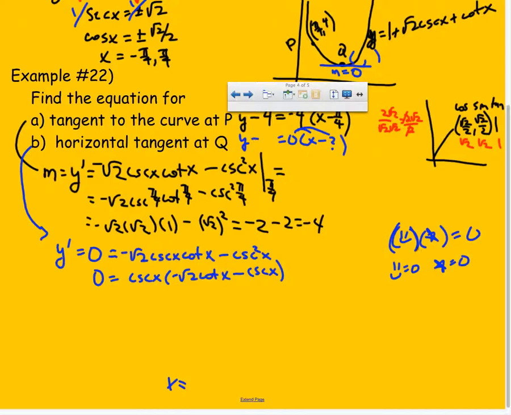Because if something times something equals 0, if either one of them is 0, that'll work. So I'm going to set cosecant of x equal to 0, and I'm going to set negative square root of 2 cotangent of x minus cosecant of x equal to 0. Whew, that is a mouthful.